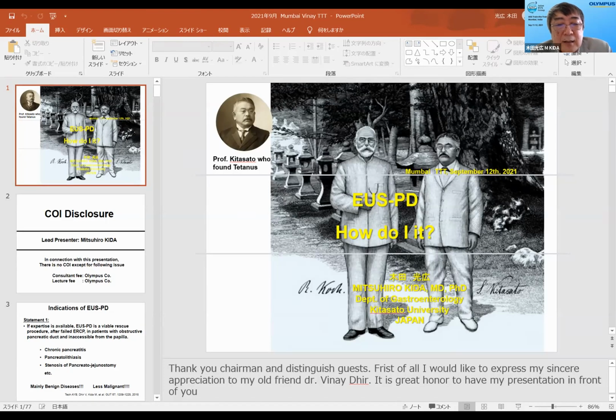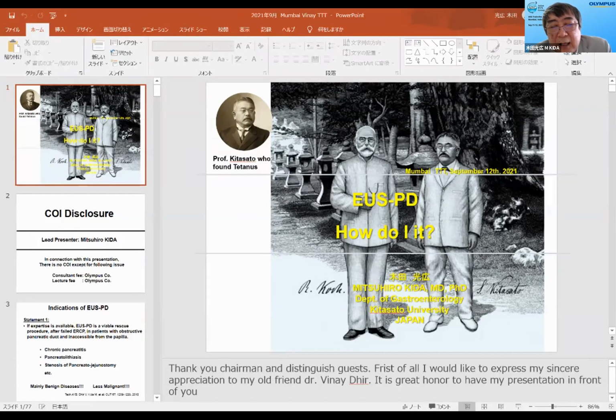Dr. K.K. Raval is asking, what is the best site to puncture? How do you choose where to puncture? Generally, we puncture the body and the tail. After puncture, we need a space for the guide wire. So we need a space of at least 4 or 5 centimeters for the guide wire.